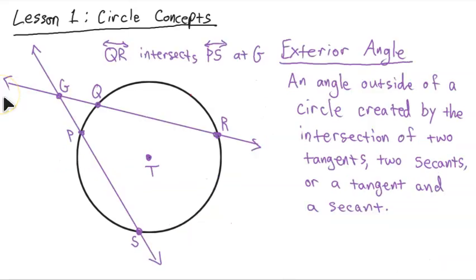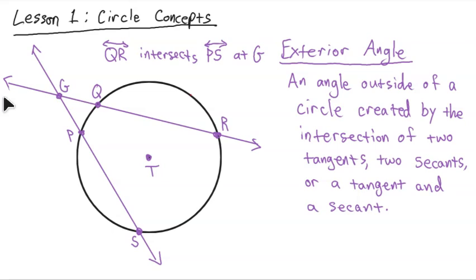All right, so the last kind of angle related to circles that we're going to talk about is called an exterior angle. Note that there are other kinds of angles related to circles, but we're only going to look at these three kinds. If you can understand these three kinds of angles, then the other kinds of angles are going to be really easy to understand as well, okay? So an exterior angle is an angle that is outside of the circle.